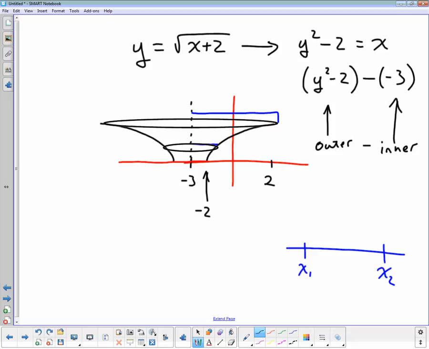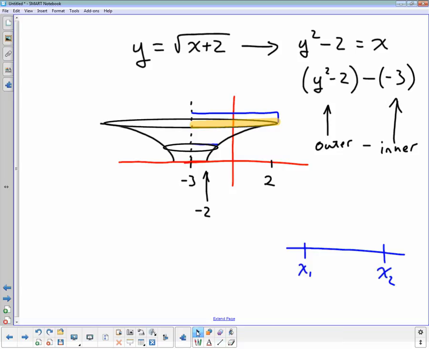I don't understand the question. This length, the length from there to there, is the radius of that disk.